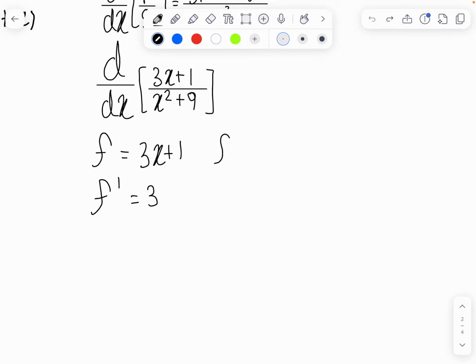G equals x squared plus 9. G prime equals 2x.